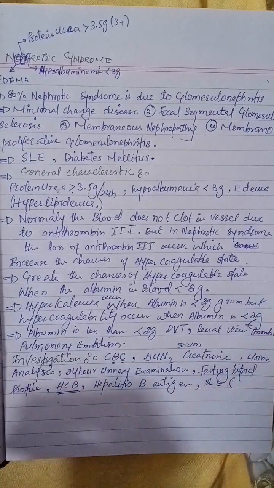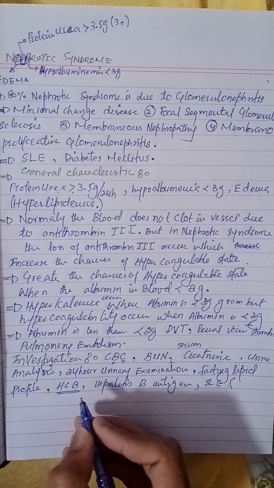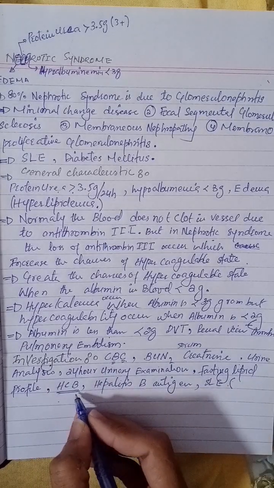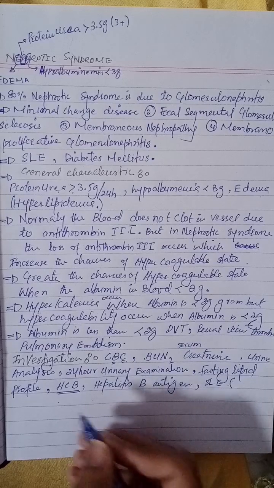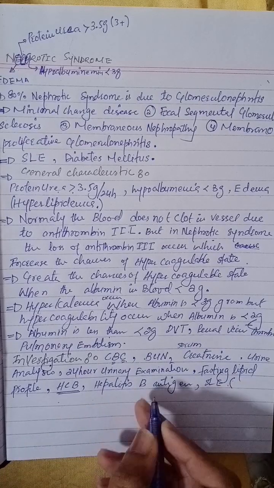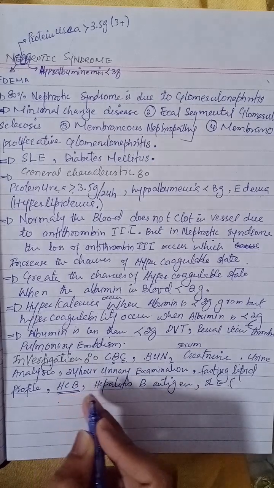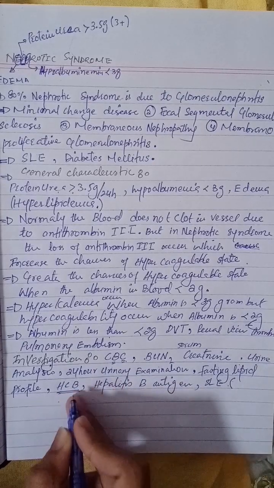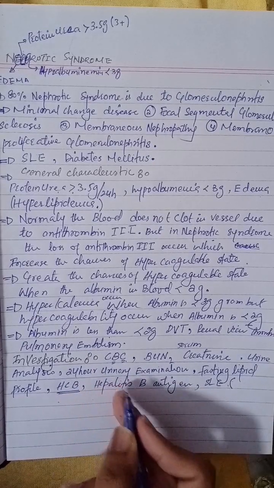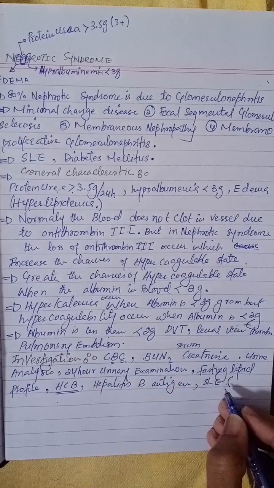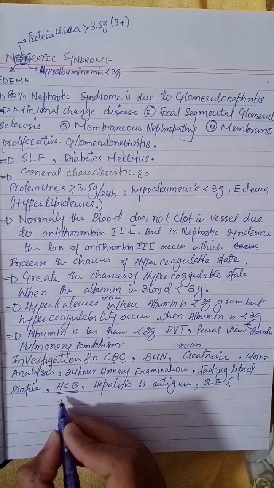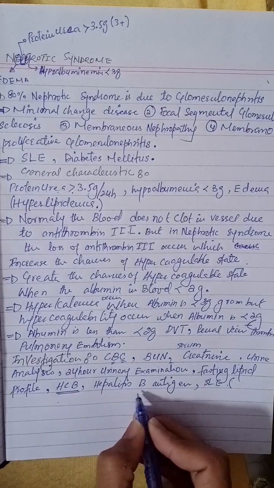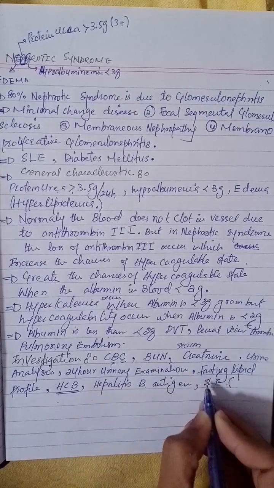In some patients, hepatitis B virus and hepatitis C virus can cause membranous nephropathy, and SLE causes diffuse proliferative glomerulonephritis. That's why we are performing hepatitis B virus, hepatitis C virus, and SLE tests.